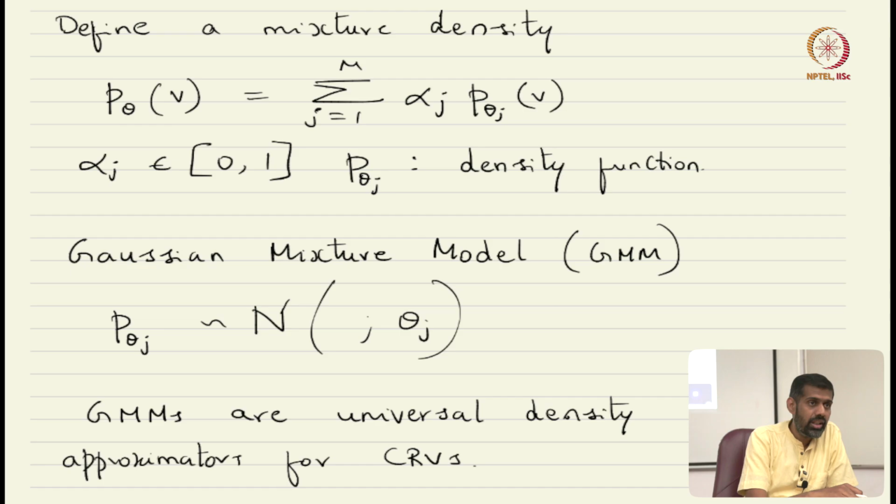A mixture of Gaussians. You can take nonlinear combinations of densities as well, but it is like this. The question is why only a linear combination of densities. So you can compare this with the Fourier series.